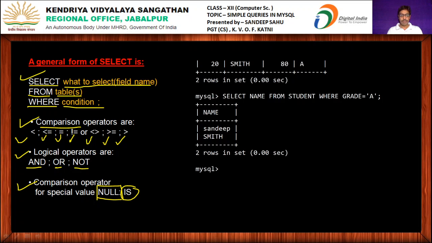Now, next, let's talk about comparison operators. Suppose I want to display the records of those students who got more than 75 marks. For that purpose, what should I write here?